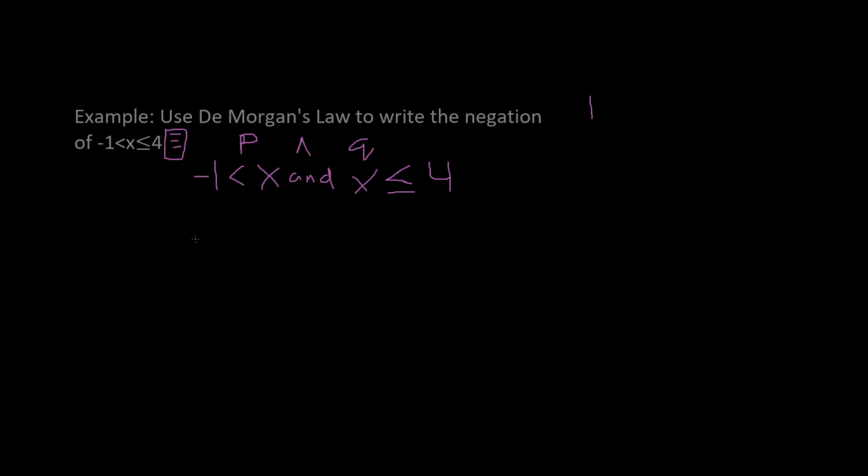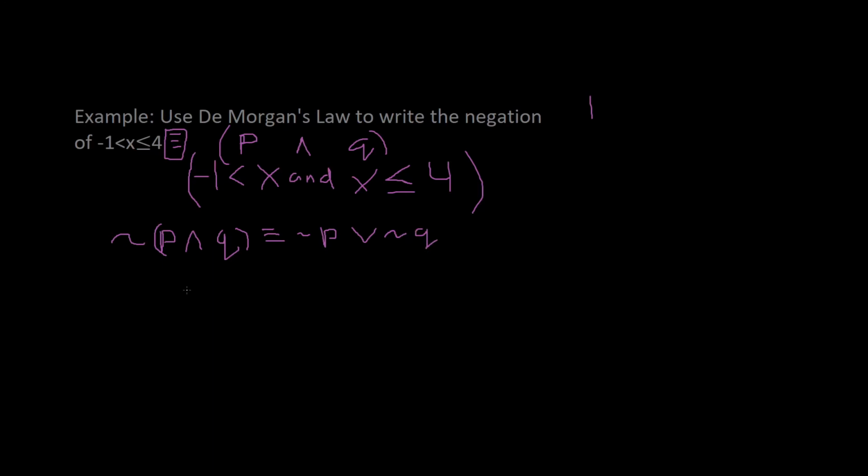So we have to negate, because we're going to do De Morgan's law. This is our P and Q, and you remember what we have to do with our P and Q? We negate the P and Q. Our next step is to negate this statement. What happens when we negate our statement? That is logically equivalent to saying negation P or negation Q. So there are no parentheses here.